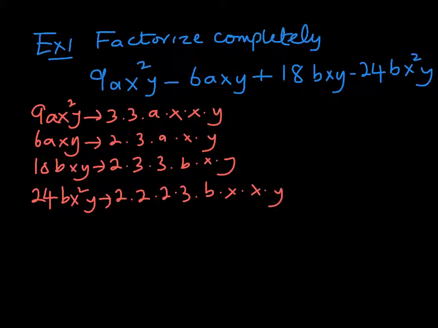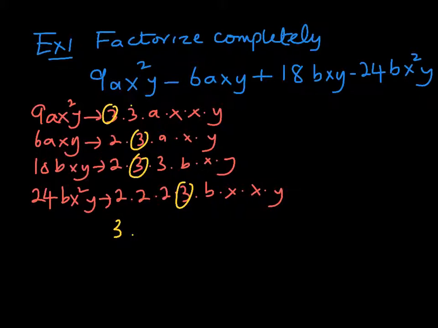So now that we have all the factors written out, let's find out what is common to all of them. So we see here that there's a 3 there, there's a 3 there, there's a 3 there, and there's a 3 there. So 3 is common. But 2, we only see in 3 of them, but not in 4 of them. So next, let's look at a.